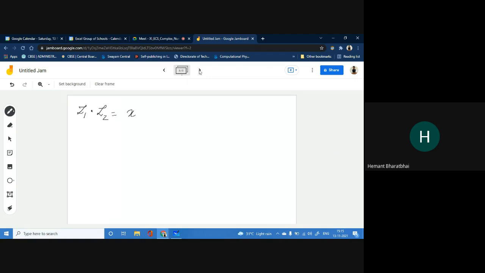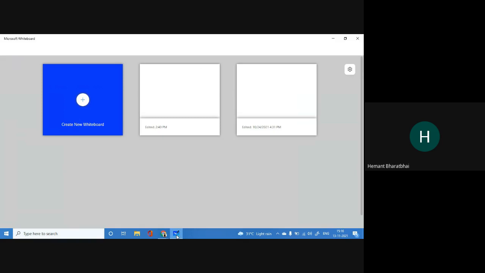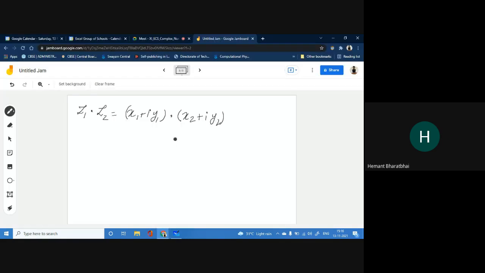So Z1 is my x1 plus i y1 and my Z2 will be x2 plus i y2. Now multiplication is again simple. The normal bracket multiplication that we do, in the same way we are going to do bracket multiplication over here also.